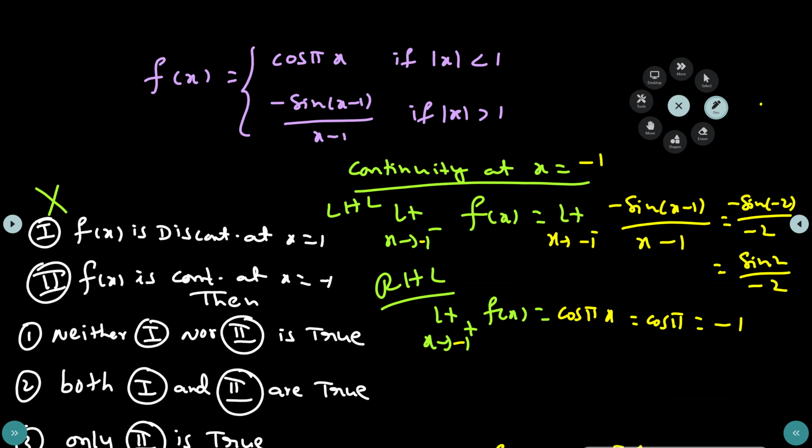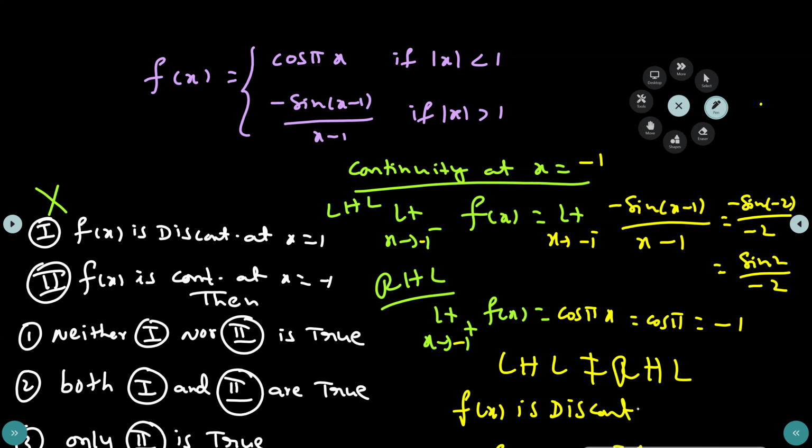But clearly here LHL is not equal to RHL, because the LHL we got is minus sin 2 by 2 and the RHL here is minus 1. So both are not equal. Therefore, f of x is discontinuous at x equal to minus 1. The statement given, that f of x is continuous at x equal to minus 1, is false. So clearly neither statement one nor two is true. So the first option is your final answer here. It's a good question, a little bit advanced level. Anyway, just note it down.